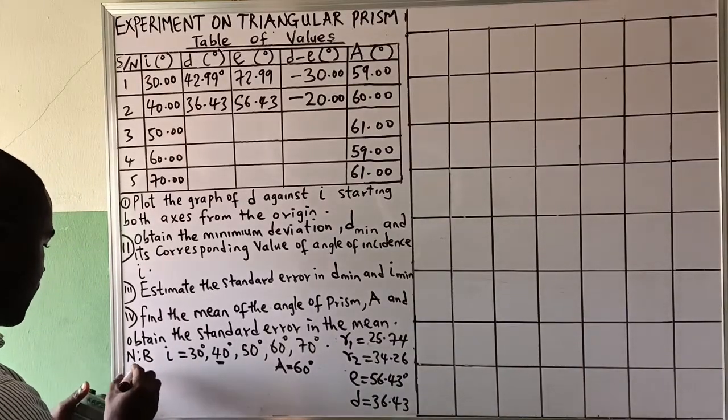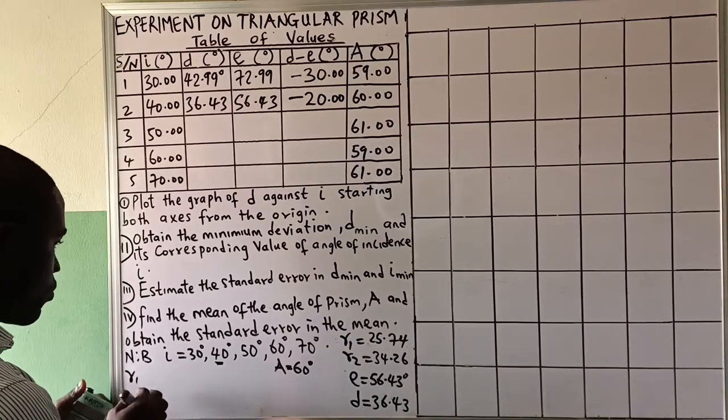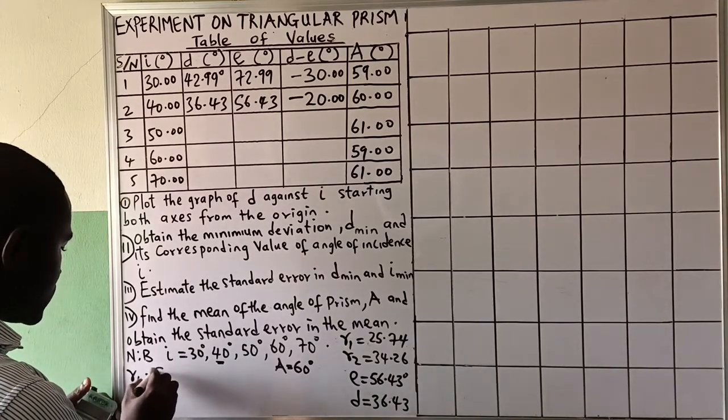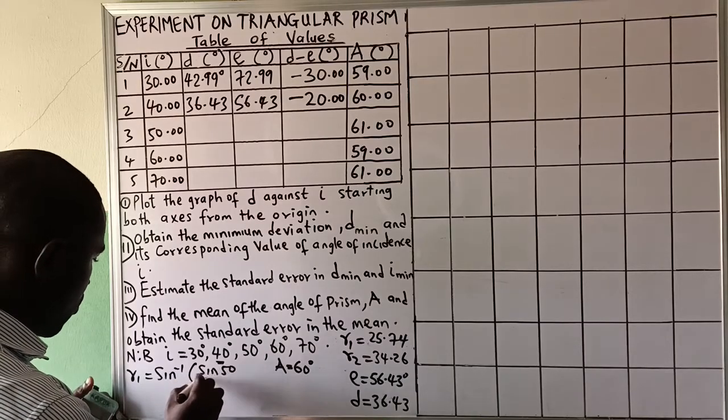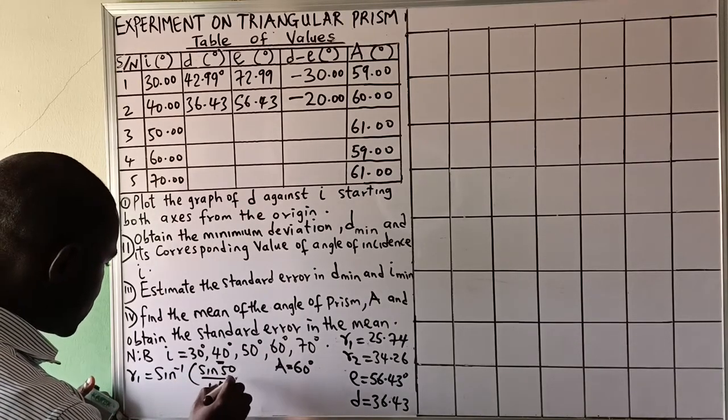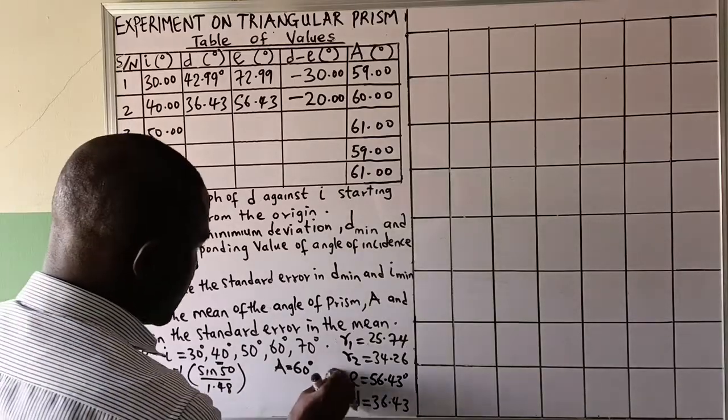When I is 50, R1 will be equal to sine inverse of sine 50 over 1.48. Okay?